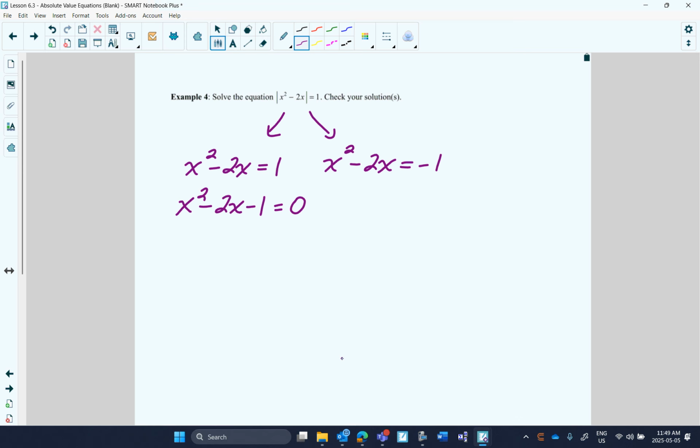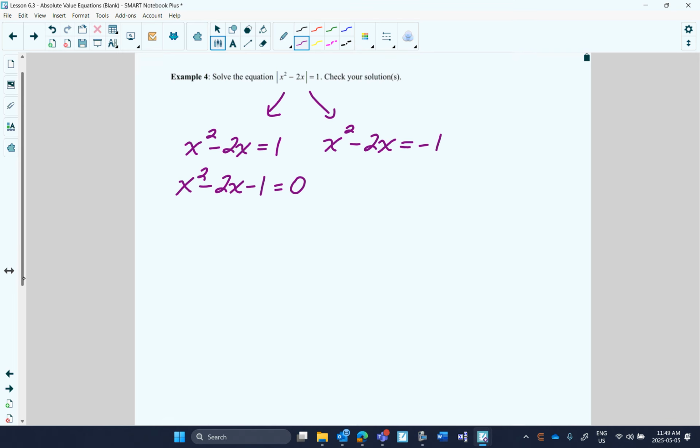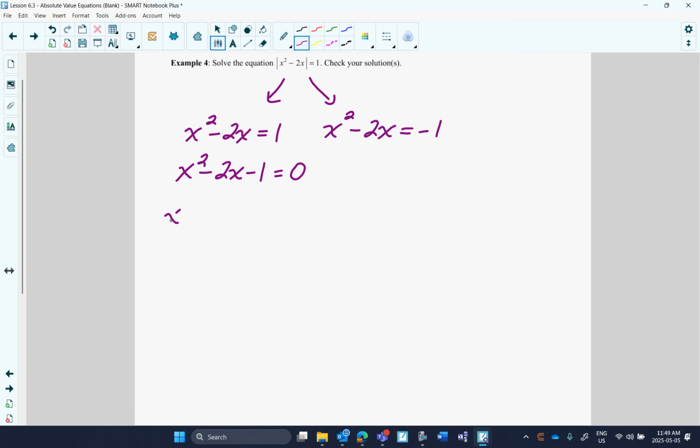No. Which means how do you solve it? Quadratic formula we have to use. All right, here we go. Do we remember? Negative b plus or minus the square root of b squared minus 4ac.